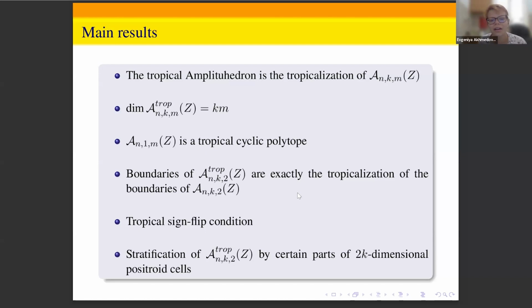And then one of the main results is the stratification of the tropical amplituhedron by 2k dimensional positoroid cells, tropical positoroid cells. But here there is an addendum saying that we need to loosen some conditions which we had for the regular triangulation, specifically the injectivity condition.